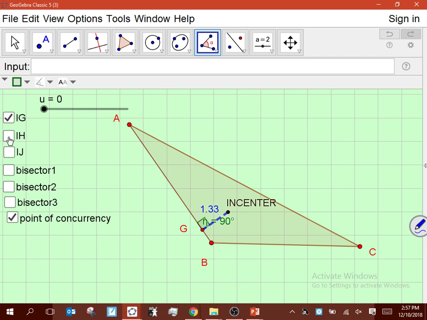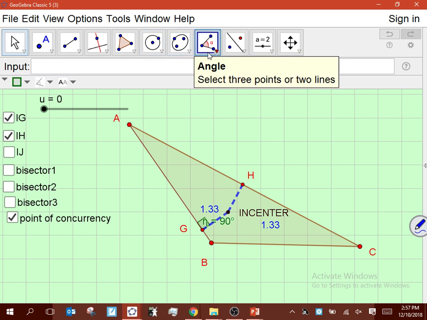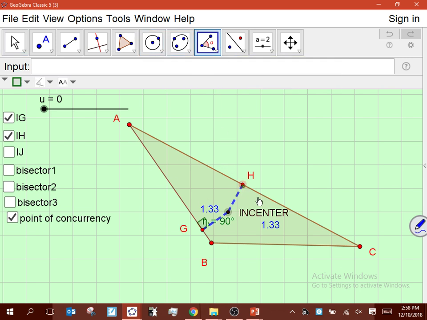Can I do the same thing from I to H? I'm calling I the incenter. If I go from I to H, to find that distance, it has to be what to AC? Perpendicular. So if I find that angle, it is perpendicular. And what is the third side that we have not gone to yet?